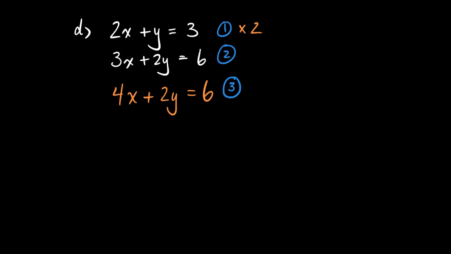And so now what I'm focusing in on, since equation 1 and equation 3 are the same equations, I'm really focusing in on this like new system. The system between equation 2 and equation 3. And now I can look at those and I can eliminate my variable.